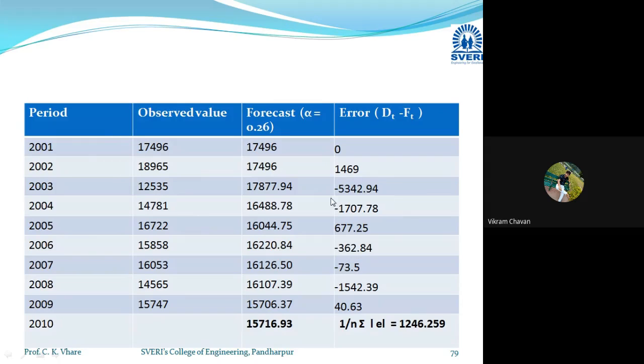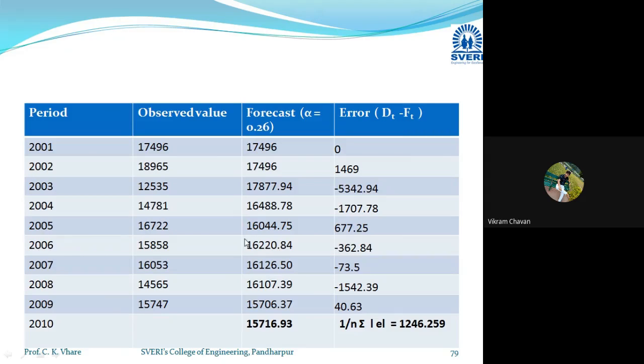Once you get the forecasted value as 16,488.78, calculate the error. Check whether your value matches mine. If not, please correct it, and you can mention your value in the chat box. Minus 1707.7778 is the error for the year 2004.